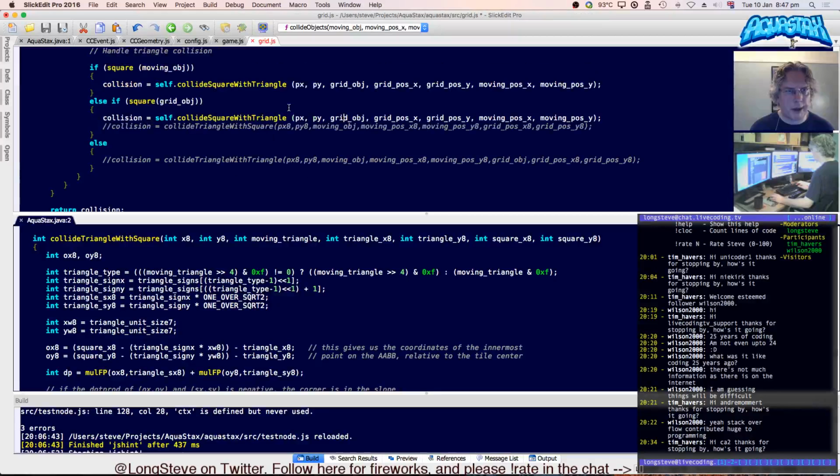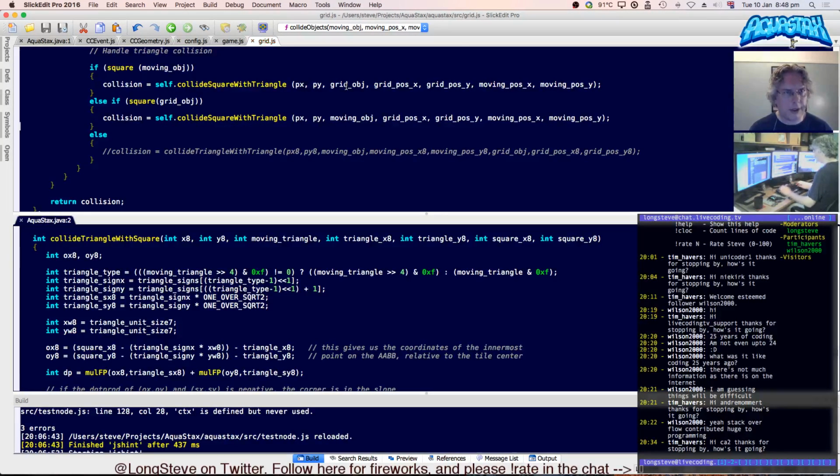So we're just passing the triangle as the first parameter. In this instance, I know that the grid object is the square, so the moving object is testing moving object and passes grid object. This is grid object, and I know the moving object is the triangle in this case. So that will do that.